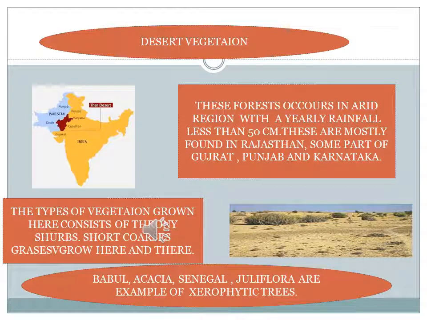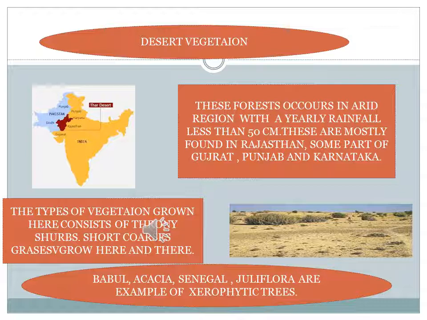Now we will read about desert vegetation. These forests occur in arid areas with a yearly rainfall of less than 50 centimeter. The vegetation grown here consists of thorny shrubs like cactus, prickly pear and other plants adapted to survive in a region of low rainfall.